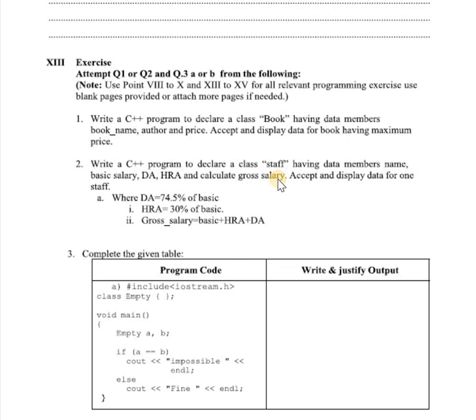That means the display function displays the calculated salaries along with the staff details. Then you want to write the main function.